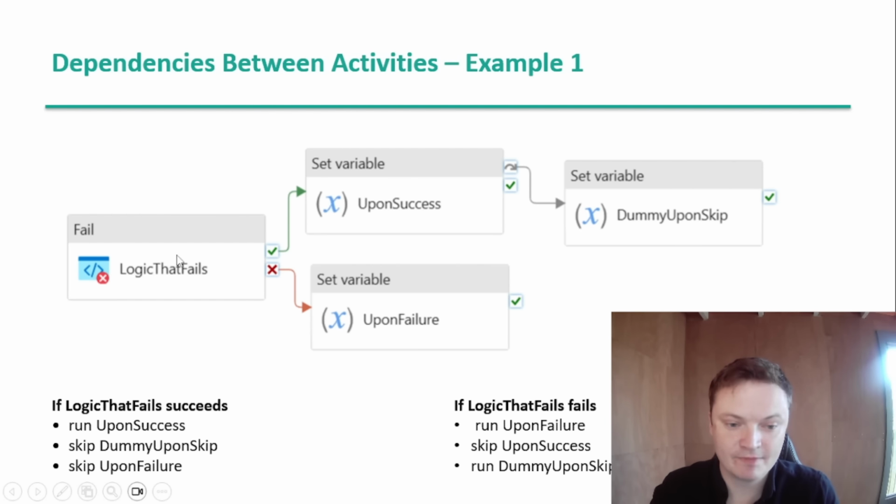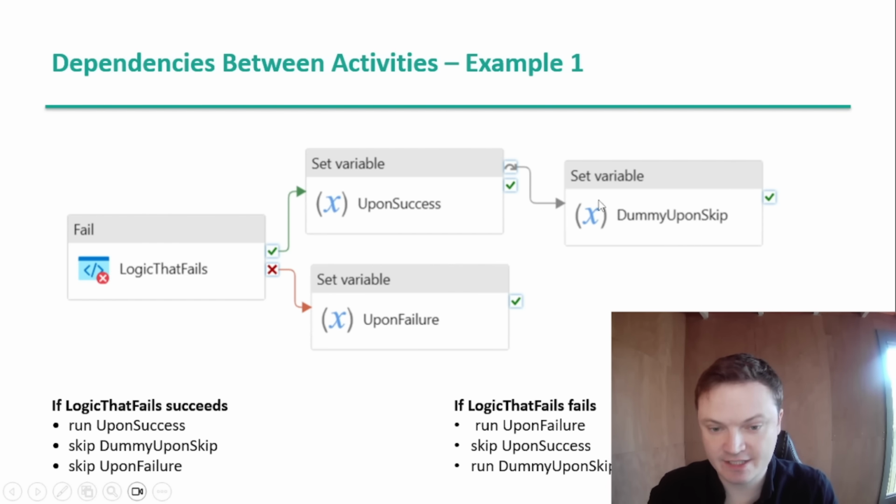As this one succeeded, this one will then run as well. As this one will also run, it will then look to this dependency condition, which is onSkipped. So if this one is successful, this one will not run because it has not been skipped.